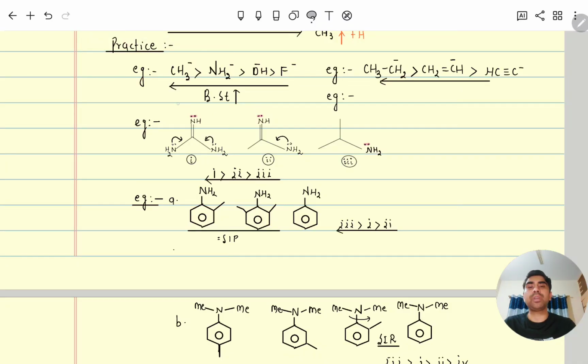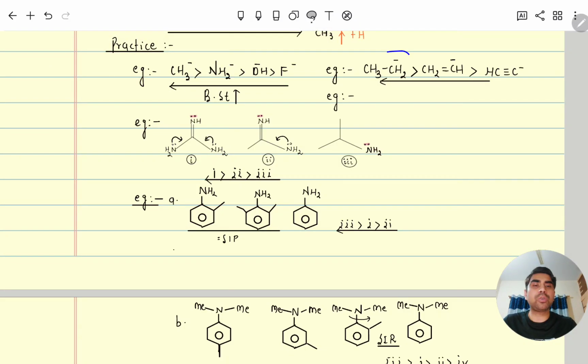If you are moving left to right, always decide by electronegativity. As we move left to right, fluorine is more electronegative, so its basic strength is less. Whereas this one is less electronegative, so its tendency to give its negative charge or lone pair is more, its basic strength is more. Clear?